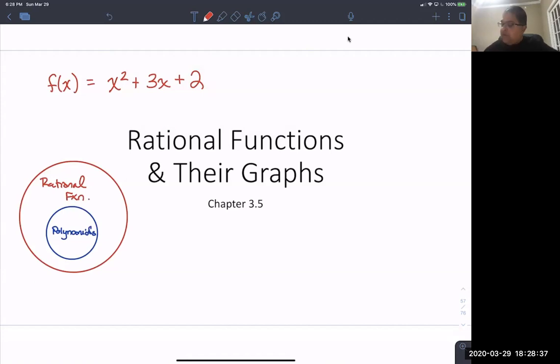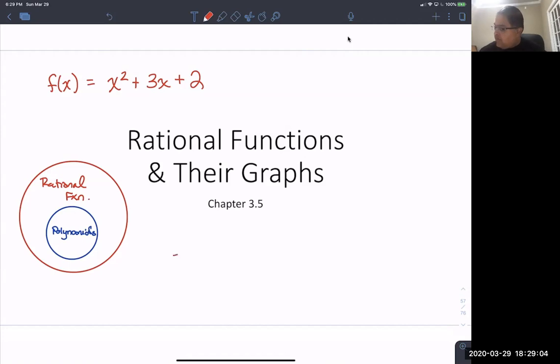So polynomial is a type of rational function. So remember that analogy that I gave in class about the Equus being a type of Hyundai car. Well, in the same vein, remember we talked about polynomials are a type of number. So whatever you can do to a number, you can do to a polynomial.